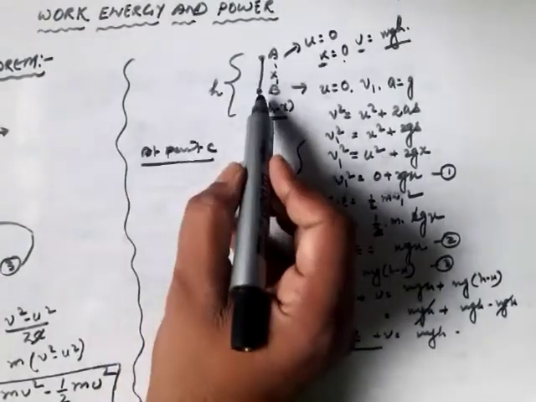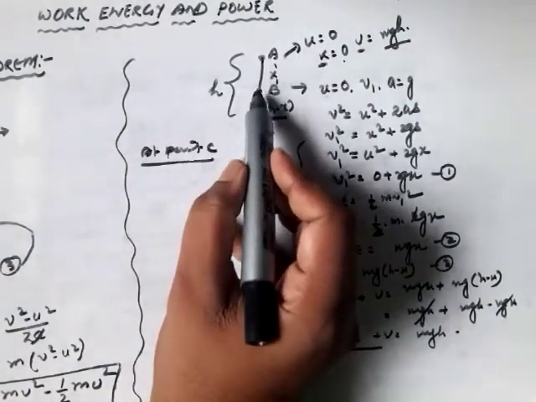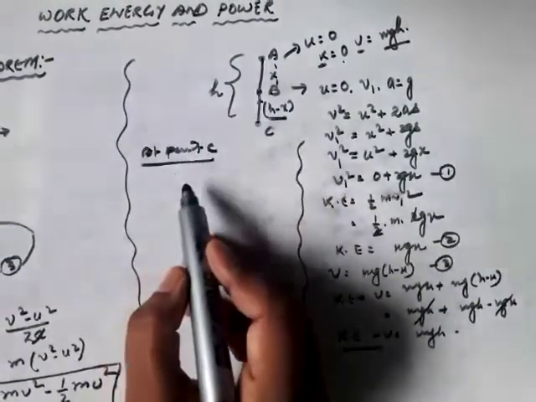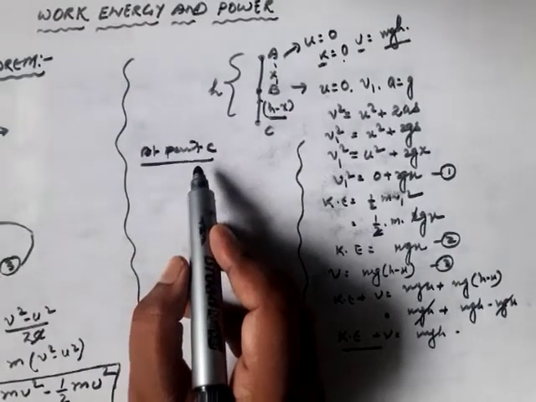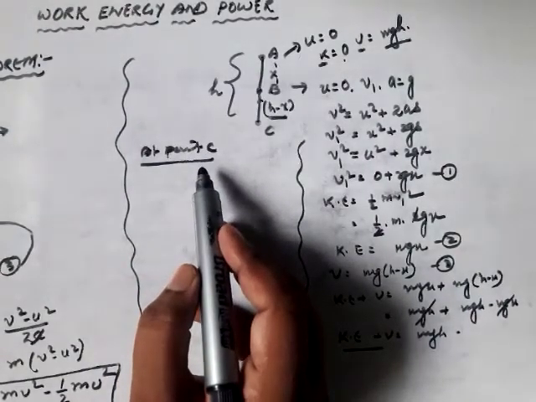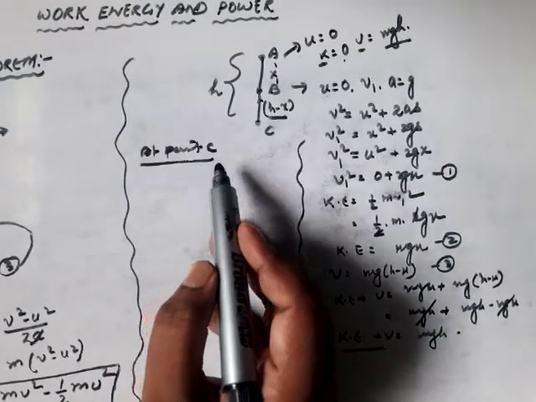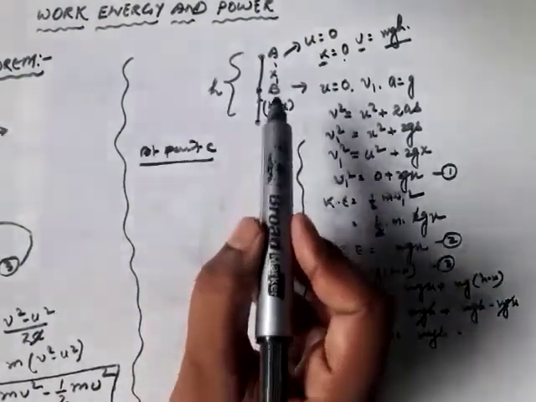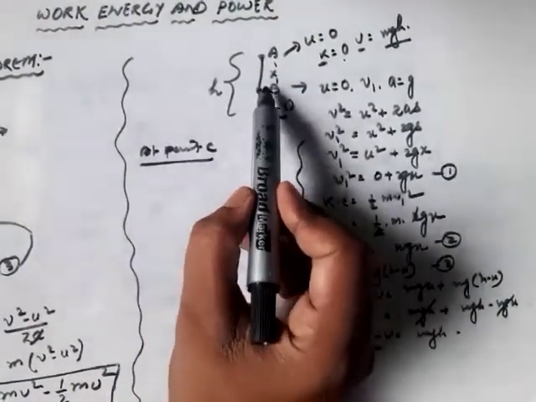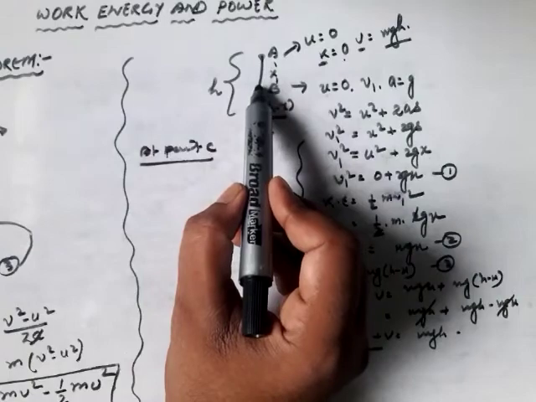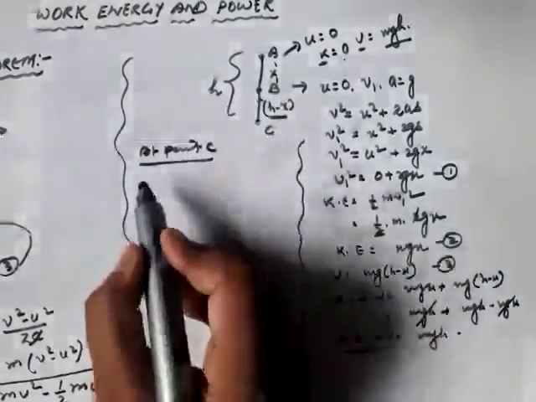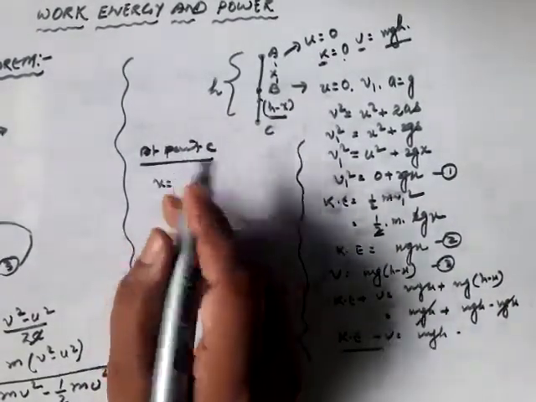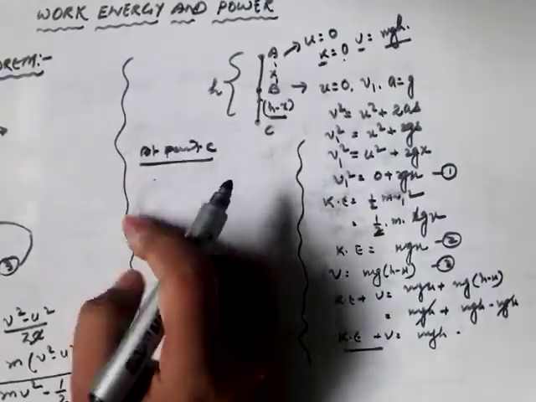Suppose now from B it is coming downward with velocity v. At this position, the initial velocity is again u equal to 0 here.